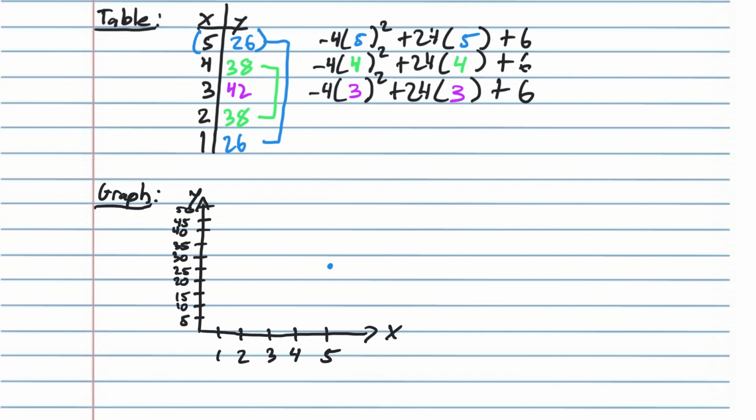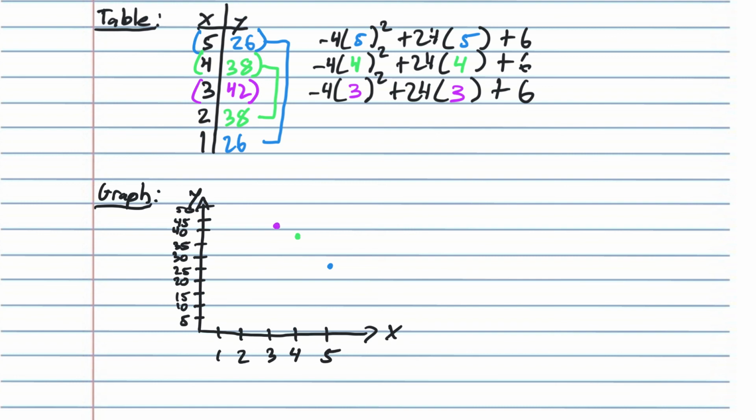Second one, 4, 38, right 4, up 38, so that would be somewhere about here. Now our vertex, 3, 42. So 3, 42 would be a little bit above there, so about there.